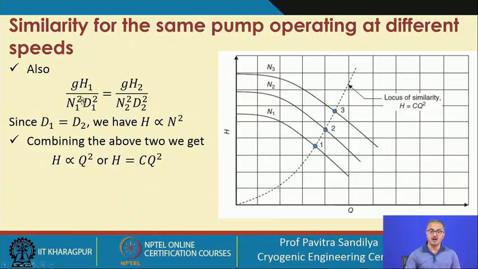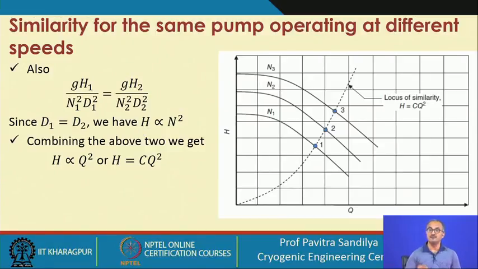Now, we also see how the head will vary with the rotational speed. Here again we take this equation without any derivation. Again D1 is equal to D2, and we find that head varies with the square of the rotational speed.